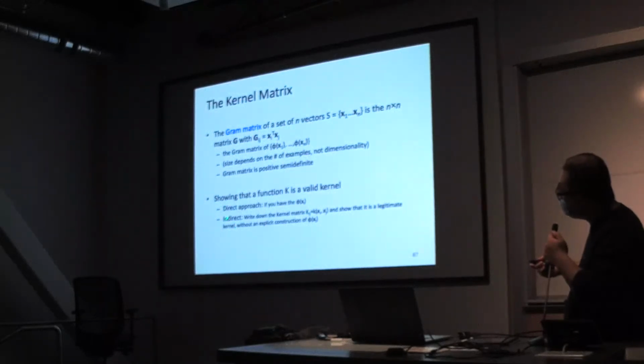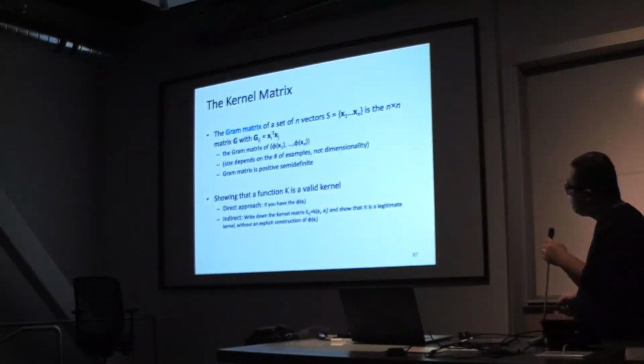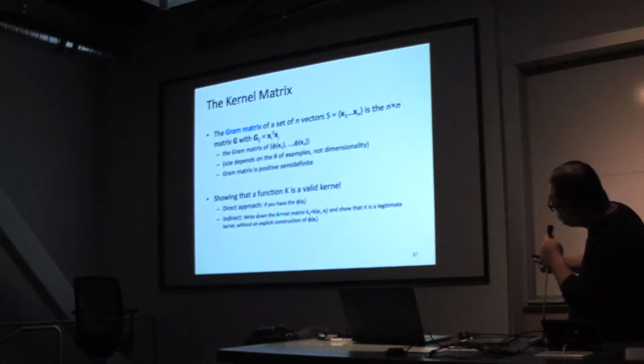But the more commonly used indirect approach is that you use this function k to construct a kernel matrix on any set of vectors as well. Each element of this kernel matrix, at the ith row and jth column, is obtained by evaluating your candidate function k on xi and xj.